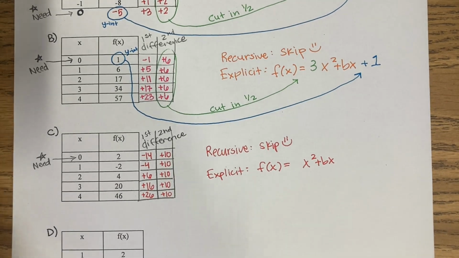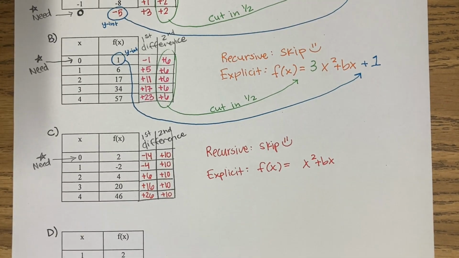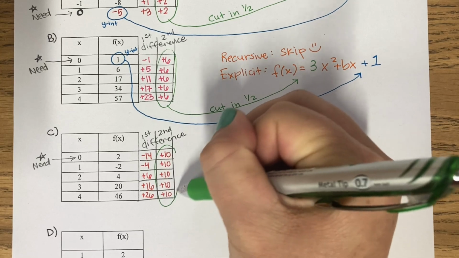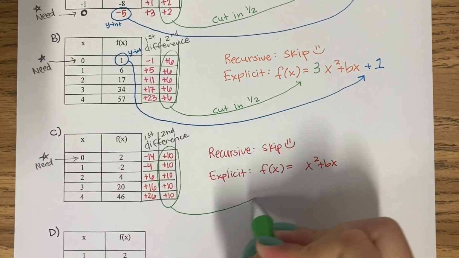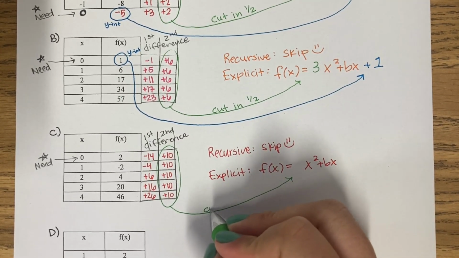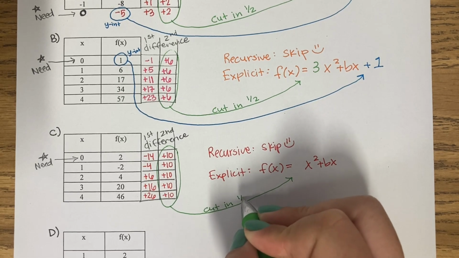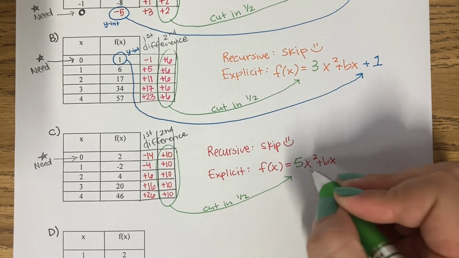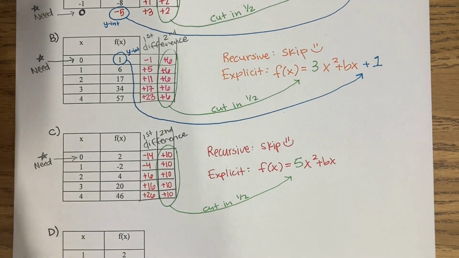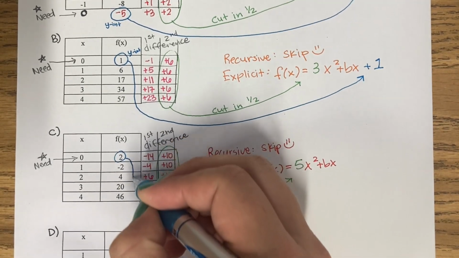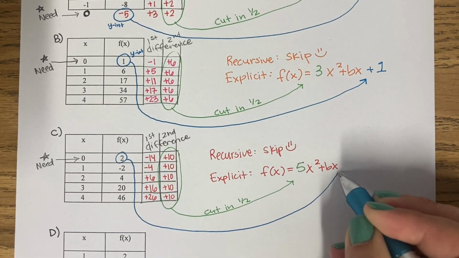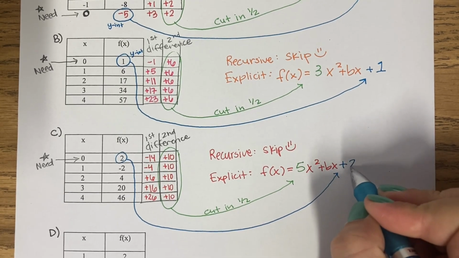And I'm going to fill in those values. So a, cut it in half. 10 cut in half is a positive 5. And the y-intercept is right here. It's a positive 2. Plus 2.